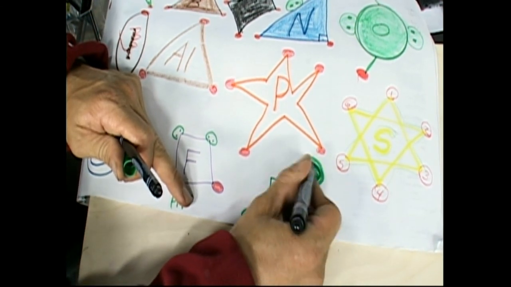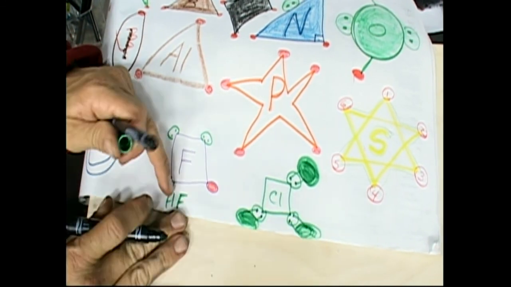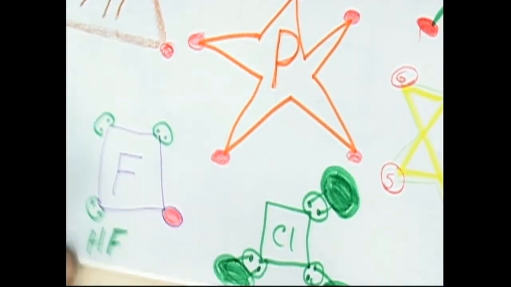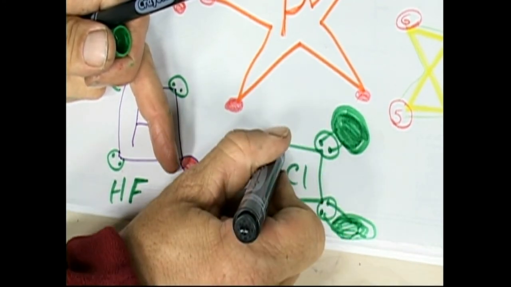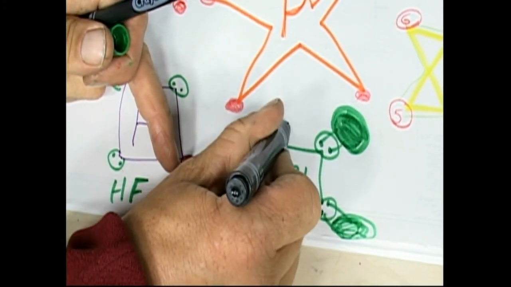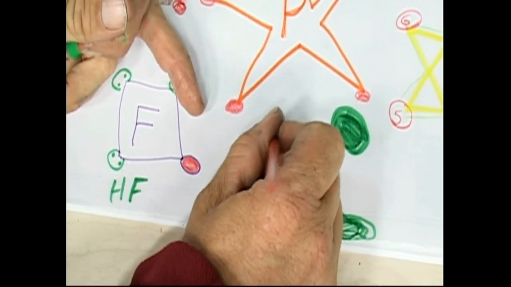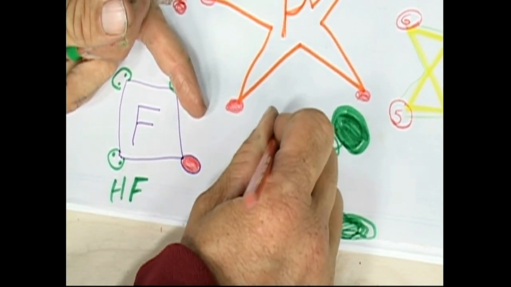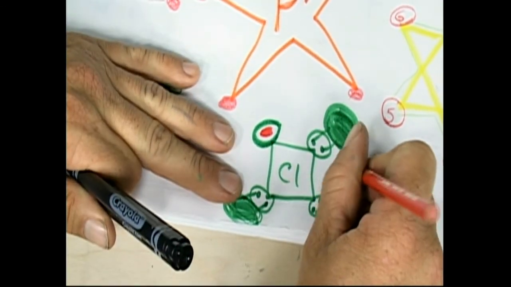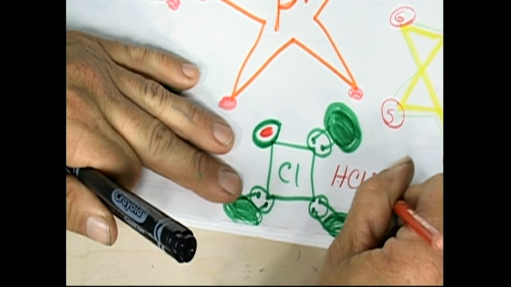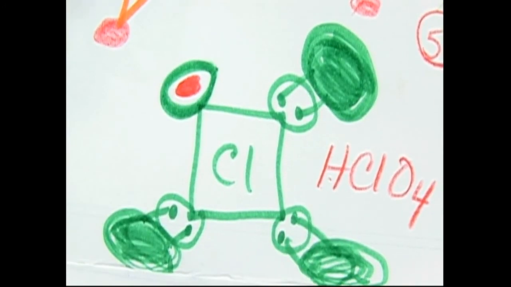That's the O. And what it still has is the single there. So what you're able to get now is a single bonded O. So that would be hydrochloric acid. This would be HClO4. That's the biggest molecule you'd ever have to draw the Lewis structure for.